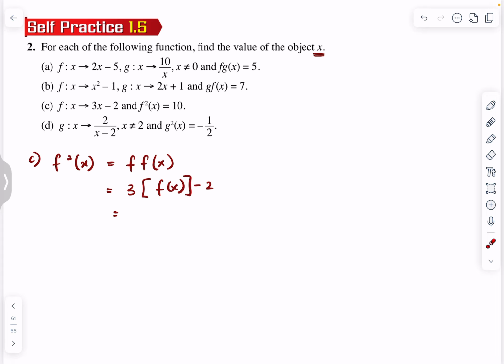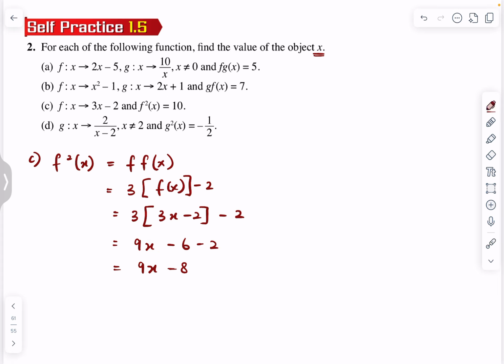Then we put the f(x) into this f(x). Then we expand. Then we simplify. So we get this. So this is our version of f squared of x. This is their version of f squared of x.